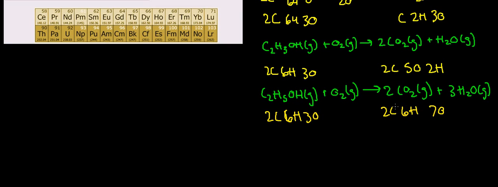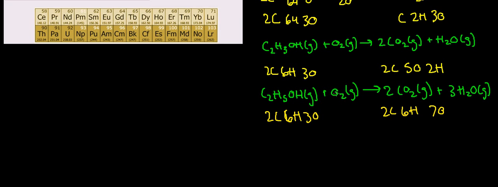And now the last thing I need to do is balance out the oxygens. The products have more oxygen than the reactants, but there is an easy way for me to fix this. Here I have an O2 by itself, so I can fix this quite easily by multiplying by 3.